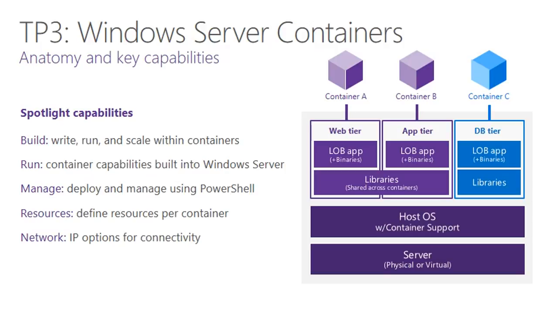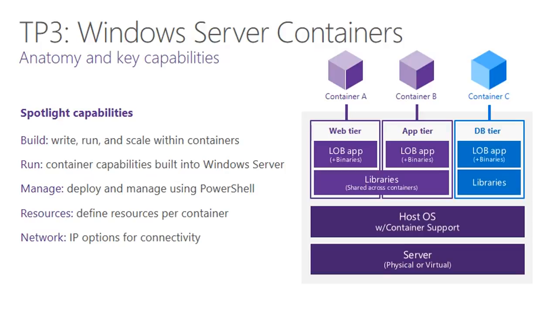Nano Server is another. It's a much smaller surface, and we've built this with the cloud in mind. Here we've got a web tier for container A, and that web tier is a line of business application with its binaries. And if you look at it in the file system, it actually looks like another copy of Windows.